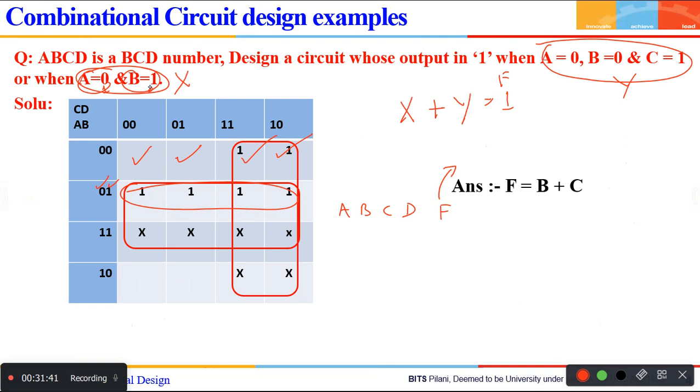You put X. Just check that the other conditions are getting satisfied.